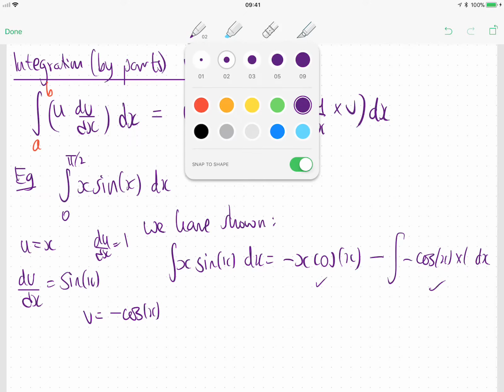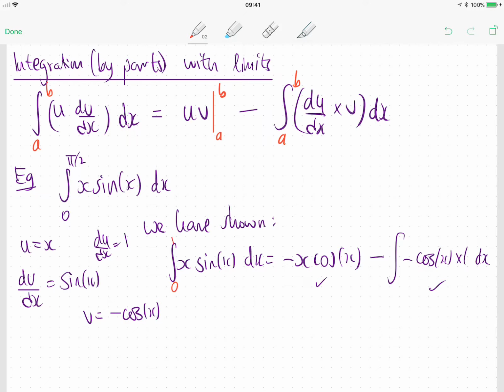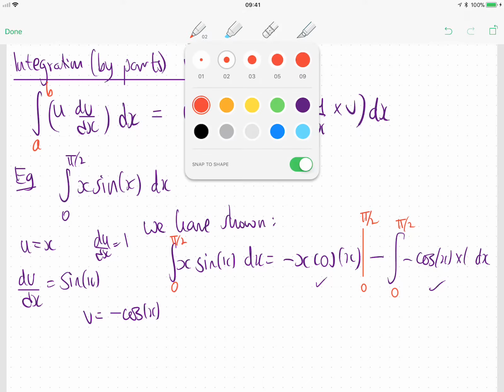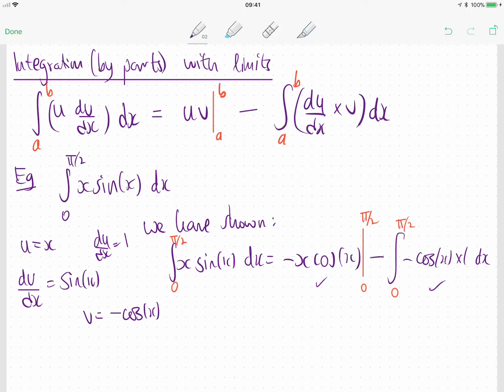Okay, so now I'm going to add my limits. So the problem is actually between 0 and pi over 2. So I'm going to put my 0 and pi over 2 on there, and I need to evaluate that first term between those limits. So for the first term I put in pi over 2 and calculate that.